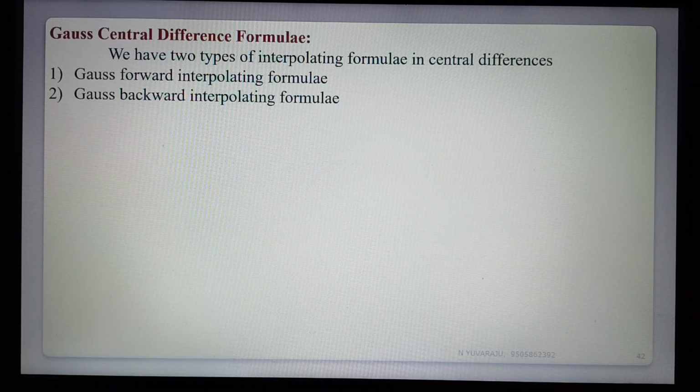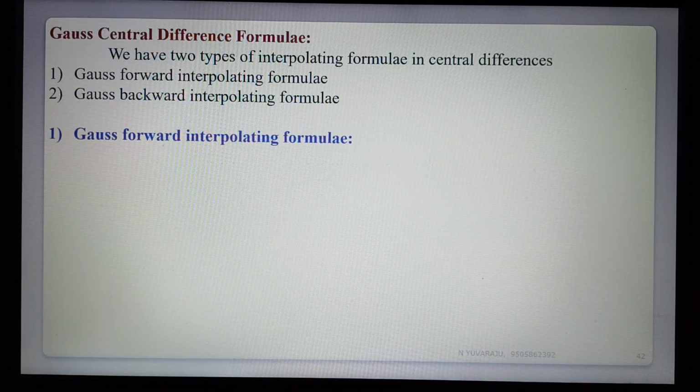Above is the backward, below is the forward. So you have to find two formulas here, the forward formula and the backward formula in the Gauss. So first we have to see the formulas, Gauss forward and Gauss backward.